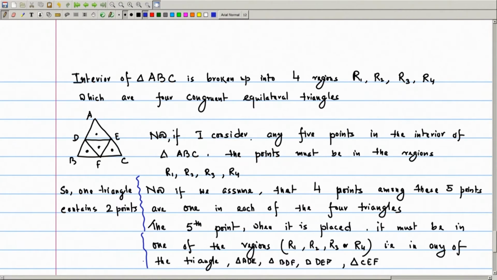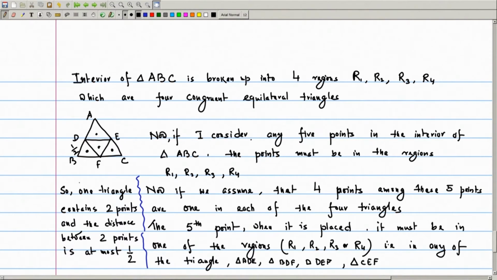And the distance between these 2 points is at most half, since BD and AD are half and these triangles are also equilateral triangles.